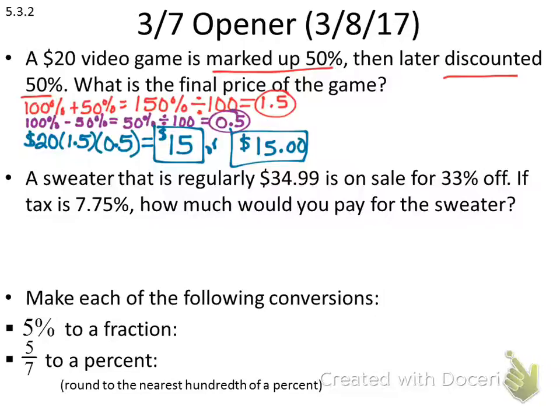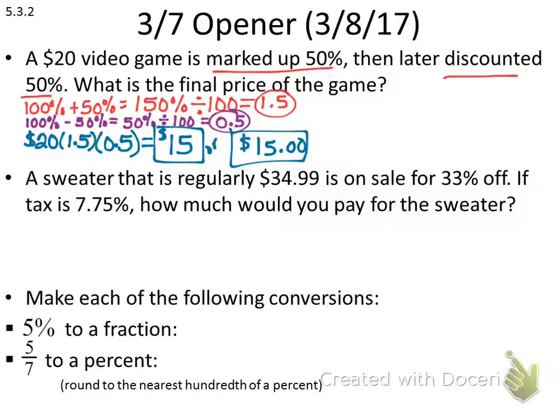Okay, so this next problem is just going to be like the first one. So if you got the first one right, you should come pretty close to getting the second one right, except you're working with some more difficult numbers. So looking at this automatically, you're probably going to have to do what to your final answer? So round it to the nearest cent. Okay, so we have a sweater that is regularly $34.99, but it's on sale for 33% off.